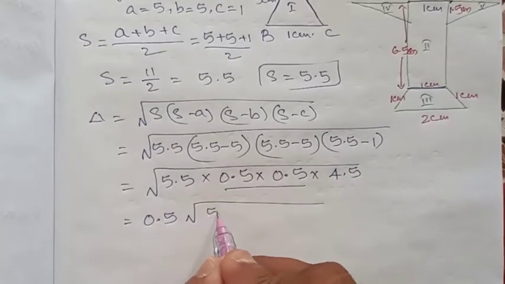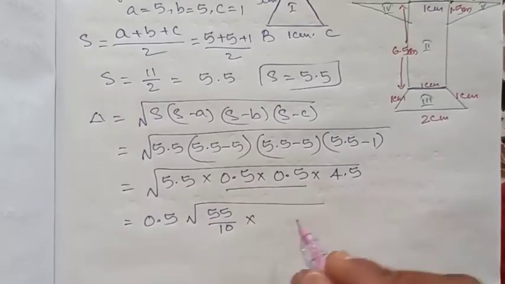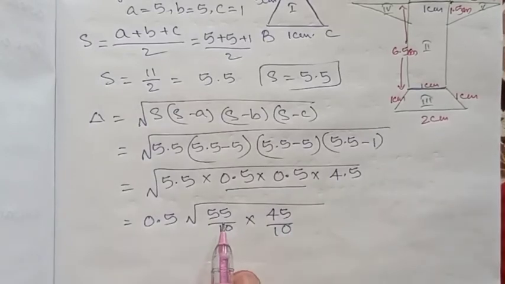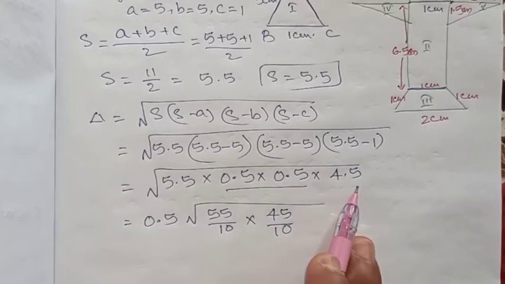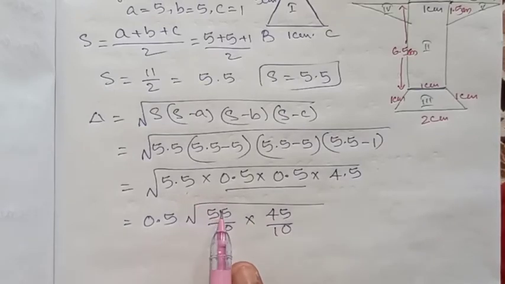So 5.5 I will write as 55 by 10, into 4.5, which I will write as 45 by 10. I have removed the decimal part by multiplying by 10 for both numbers, because after the decimal one digit is given. So this became 55 by 10 and this became 45 by 10.